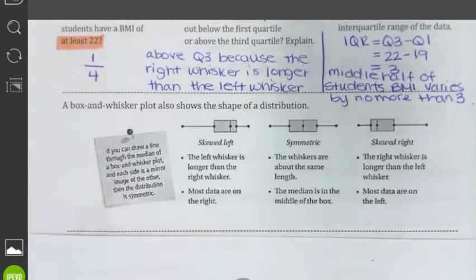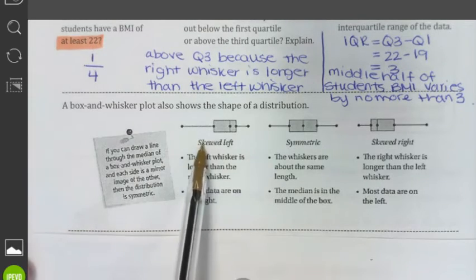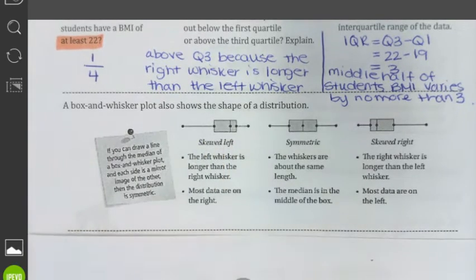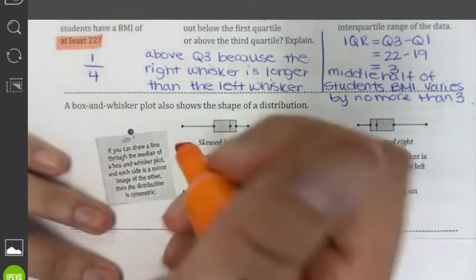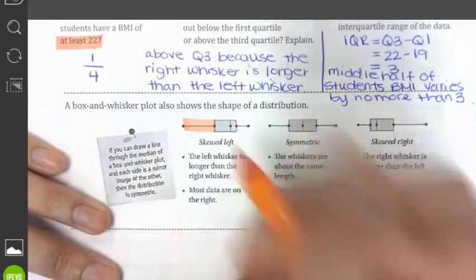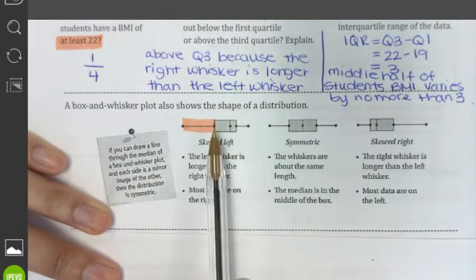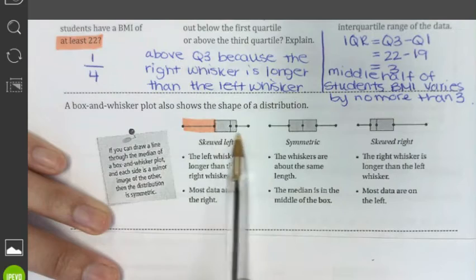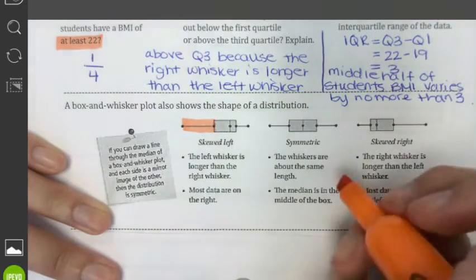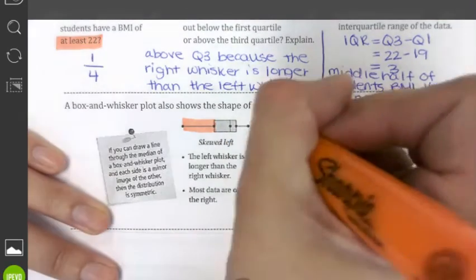Now, box and whisker plots can also have distributions. So we can have skewed left, which means that the left whisker is longer, and most of the data is located on the right. So this is 3/4 of the data over here, all scrunched together. Symmetric means that they're about the same.